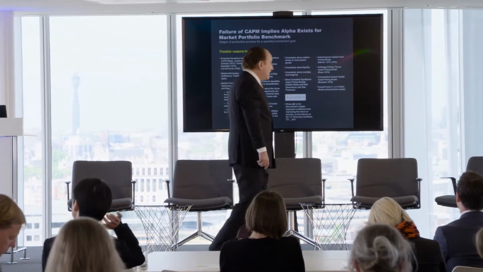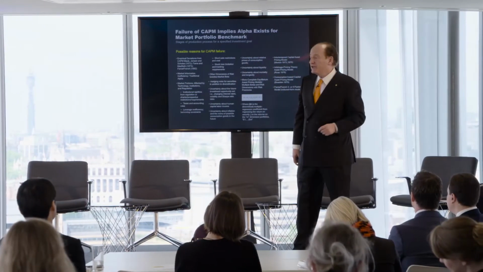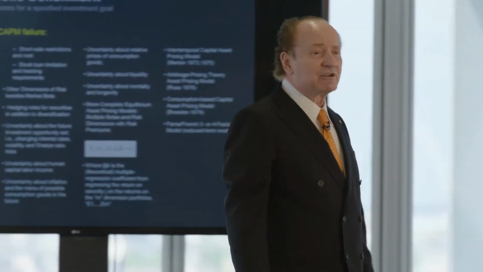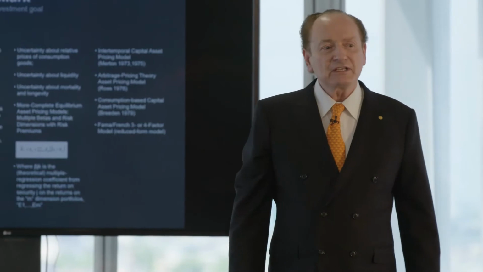Okay? So now if we take that alpha does exist, the question is, where does it come from? I would guess if we went down the street, or at least went into the city, and stopped people randomly and said, where does alpha come from? What's the source of alpha? I would bet, for those who even know what you're talking about, that they would say, oh, that's market informational inefficiency.